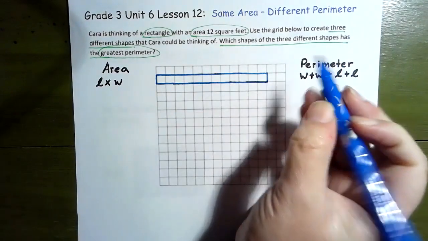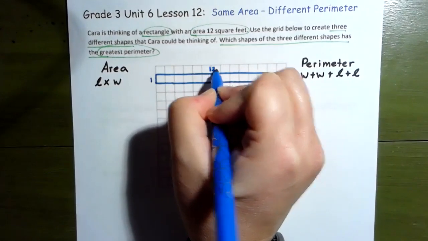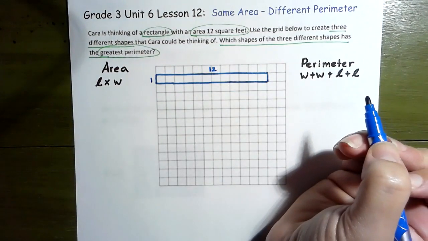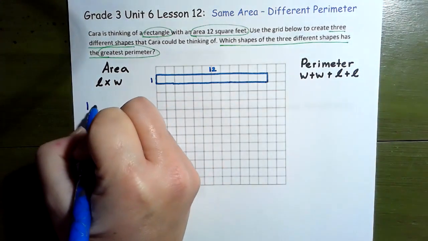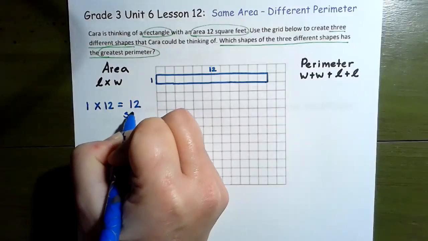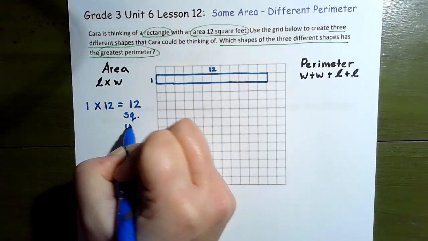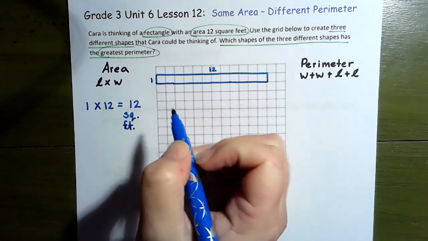So for this rectangle, we have a length of 1 and a width of 12. So we can calculate area of this first rectangle by multiplying 1 times 12, which is 12 square units, or in this case, 12 square feet, like the problem says.